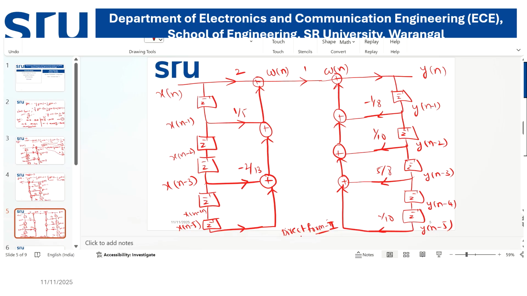Now, how many delay elements are there? Here 1, 2, 3, 4, 5. So therefore, m is equal to the number of delay elements at the input side. And here also 1, 2, 3, 4, 5. So n is also the number of delay elements at the output side, that is 5. And the total number of additions required is equal to m plus n, that is 10.